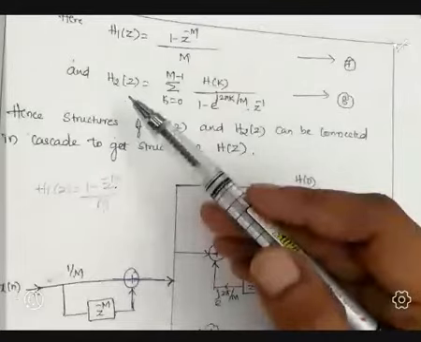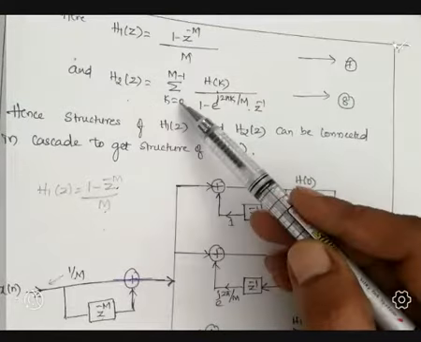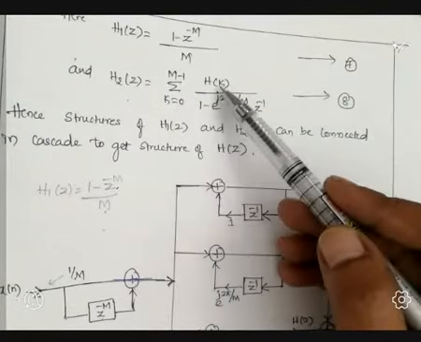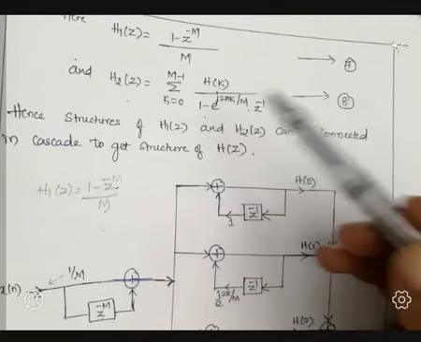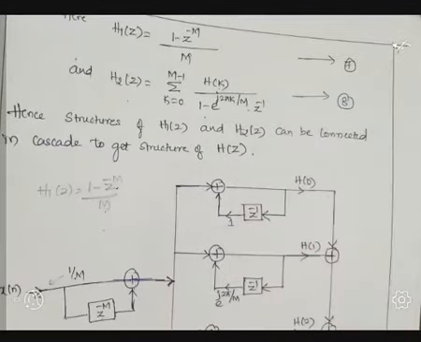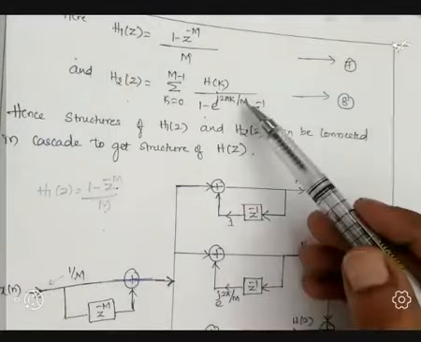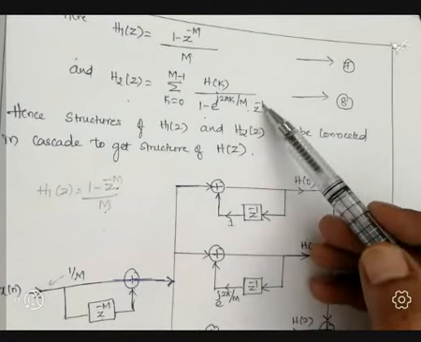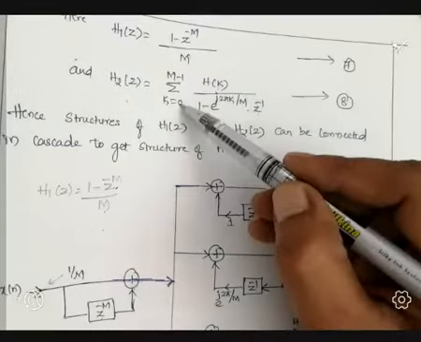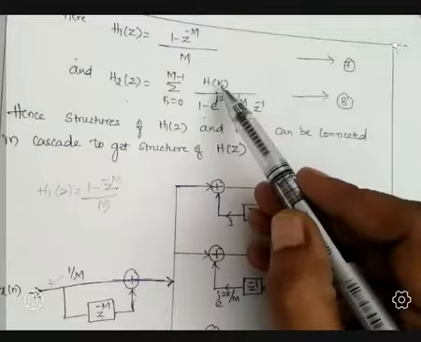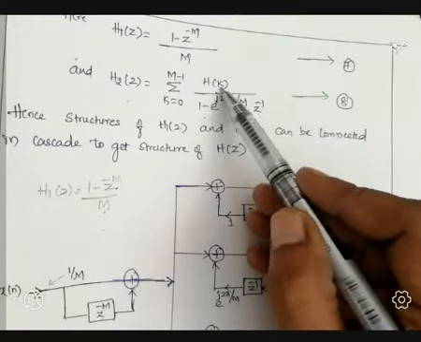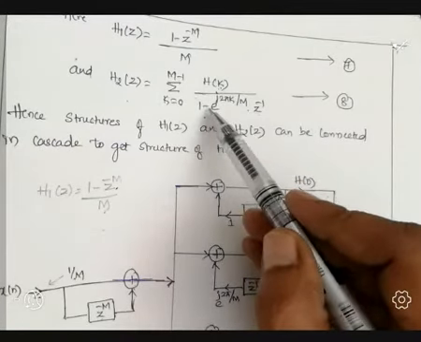H2 object equal to summation over the limits k equal to 0 to m minus 1 h of k divided by 1 minus e to the power j 2 pi k by m multiplied by z to the power minus 1. See here, if I substitute k equal to 0, the term becomes h of 0 divided by 1 minus e to the power 0.